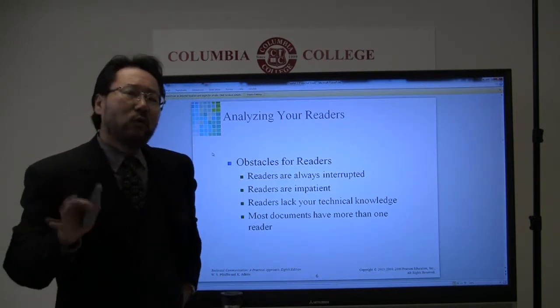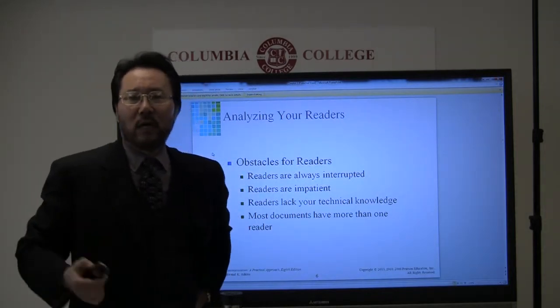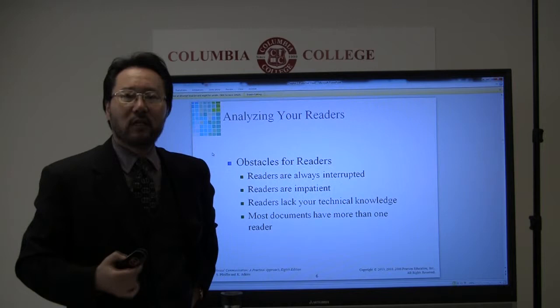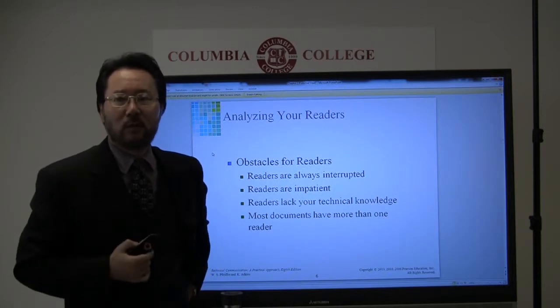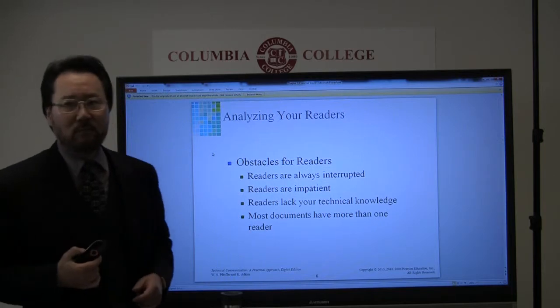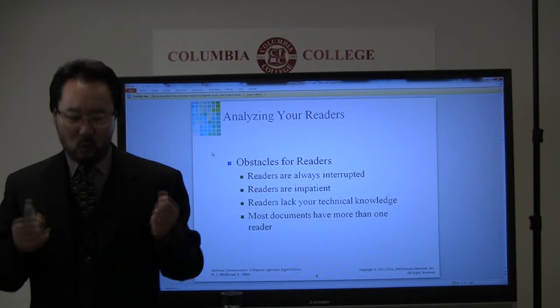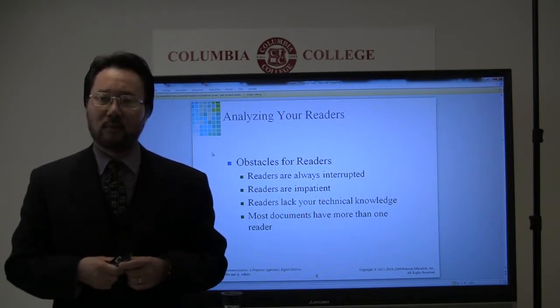So your reader does not have enough time. So you have to make it as simple, as clear, and as short as possible. Your readers are impatient because they are busy. They don't have enough time to concentrate only on your work.